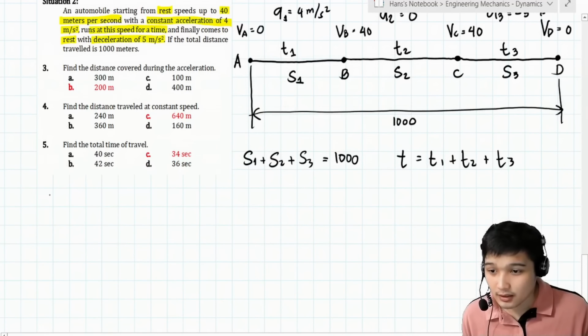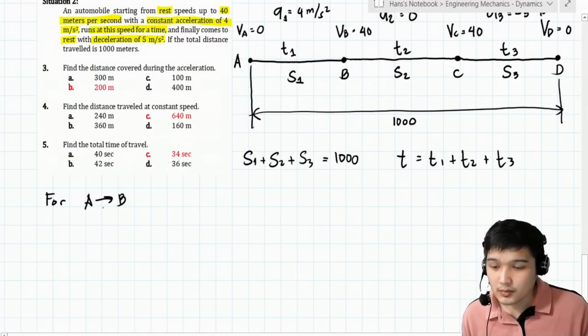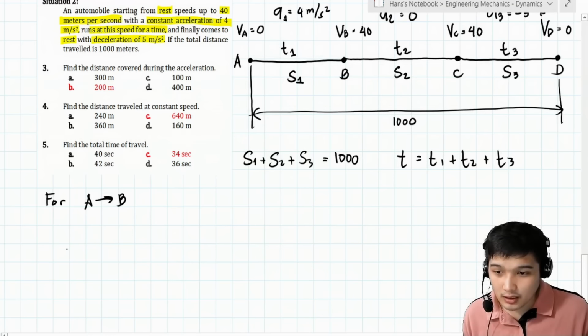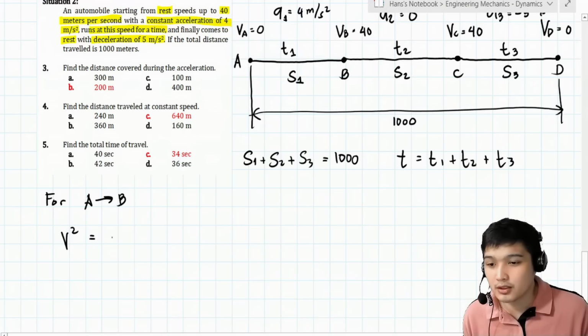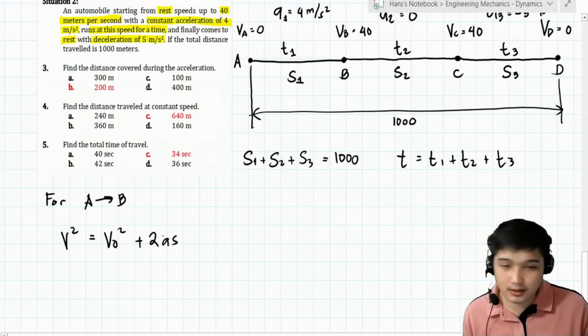For A to B, we use equation 3: the final velocity squared is equal to the initial velocity squared plus 2as.